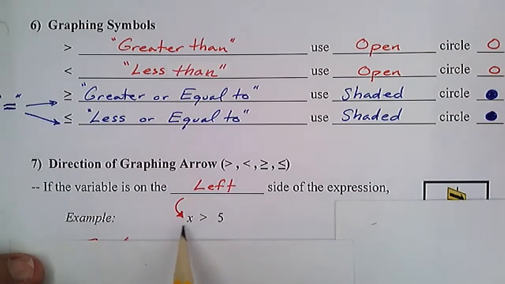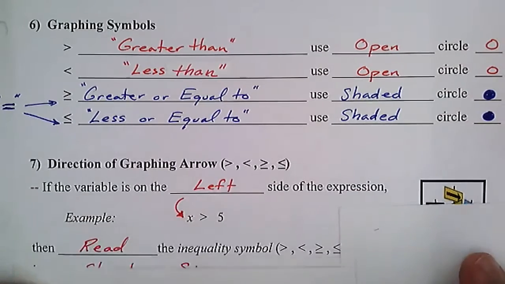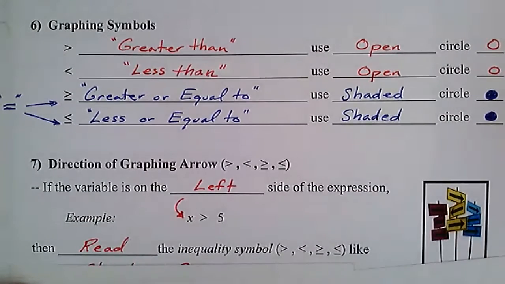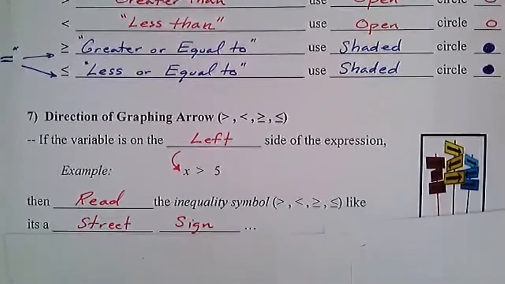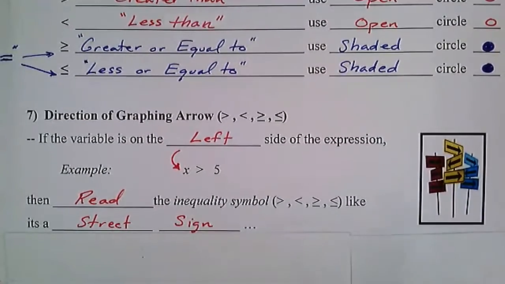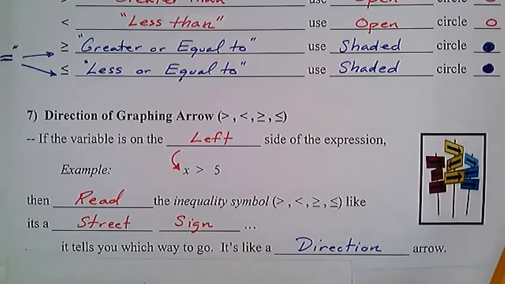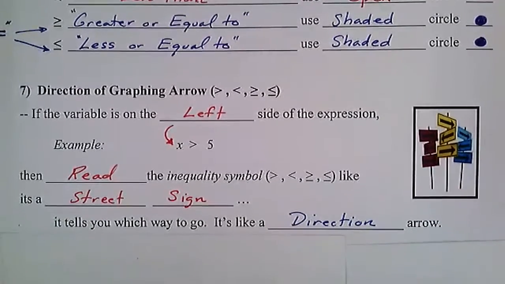So if your variable is on the left side, then I want you to read the inequality symbol like it's an actual street sign. And I want you to think of that street sign as telling you which direction to go. It's like a direction arrow, okay?